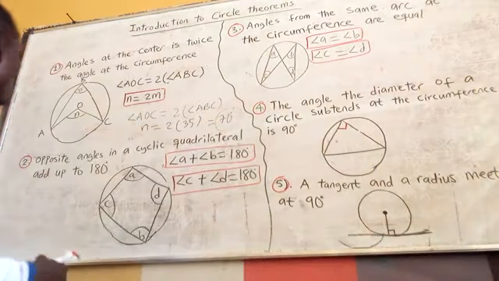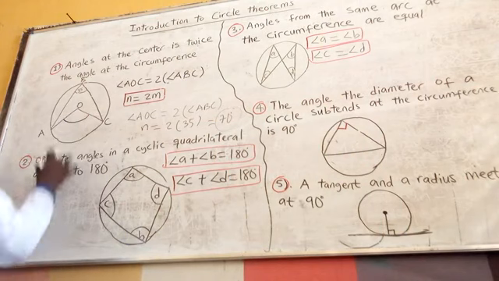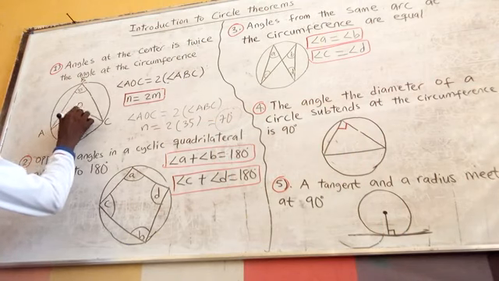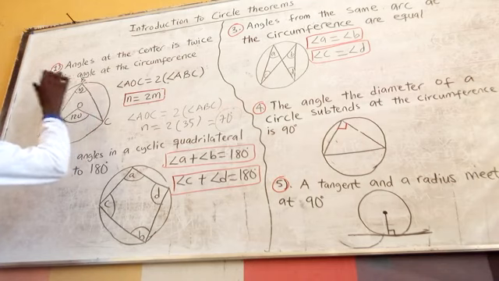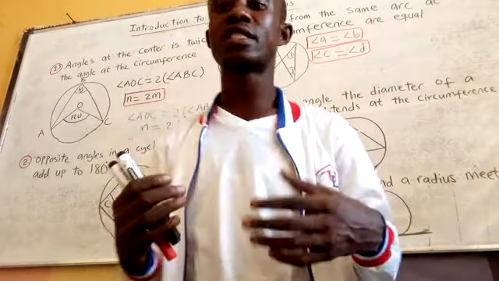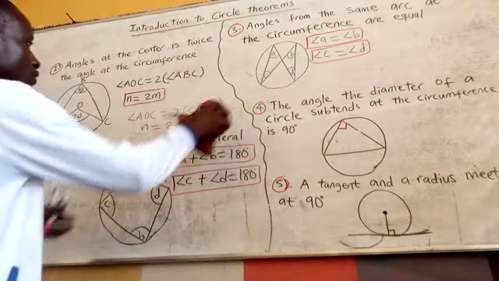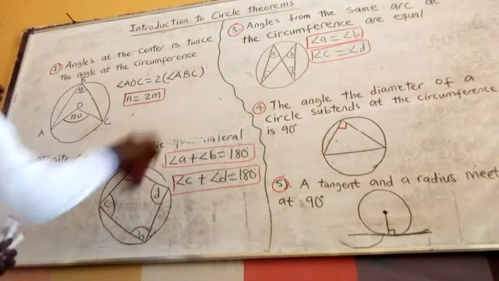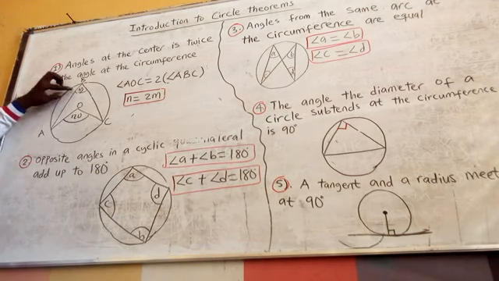Now, in case we are given, let's say, the value for N here to be equal to 120, and we are asked to find, let's say, Y, we can also use the same theorem to determine the value for Y. So here, we know that the angle formed at the center is twice the angle formed at the circumference.